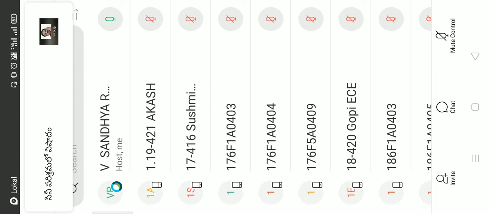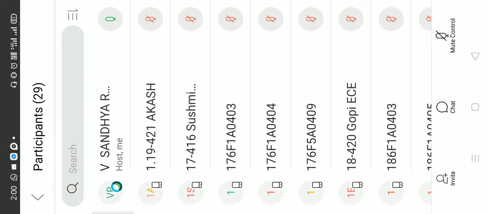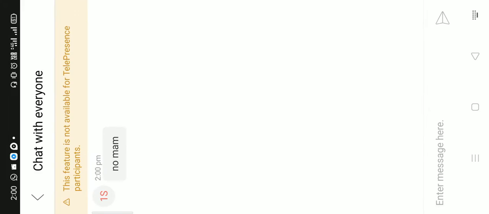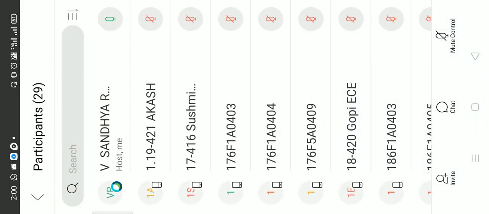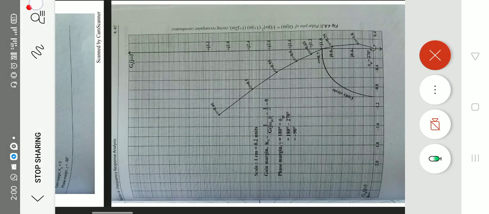Any doubts? Ask me. Any doubts in this polar plot or Bode plot? Okay. Any doubts? Ask me. No problem.